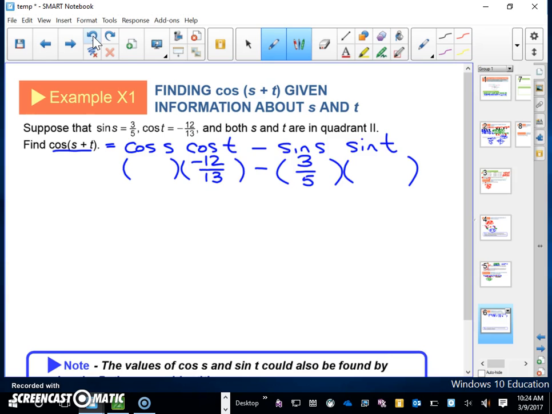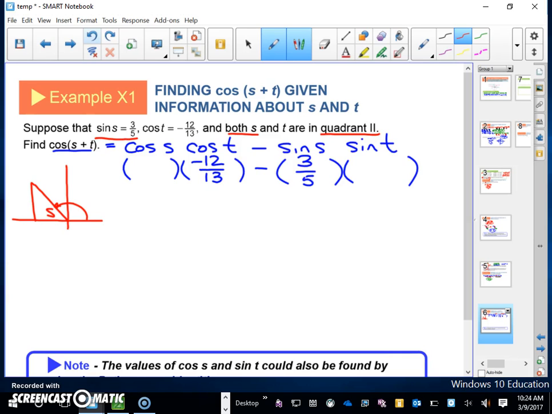In Chapter 5, we did this a lot. Notice they're talking about S in quadrant 2. What I would do, and we don't have to do it this way, is draw a picture of S in quadrant 2. You've got this angle S, and we form this triangle.